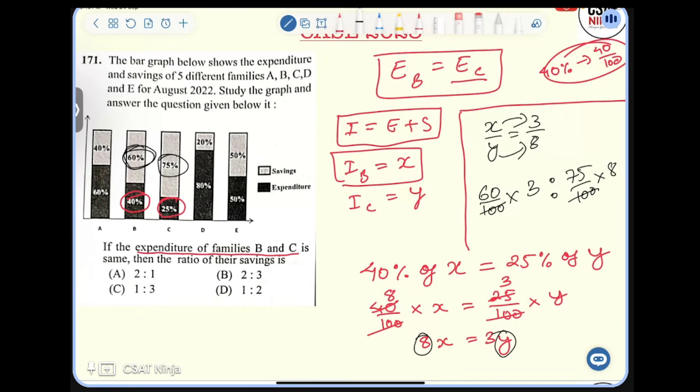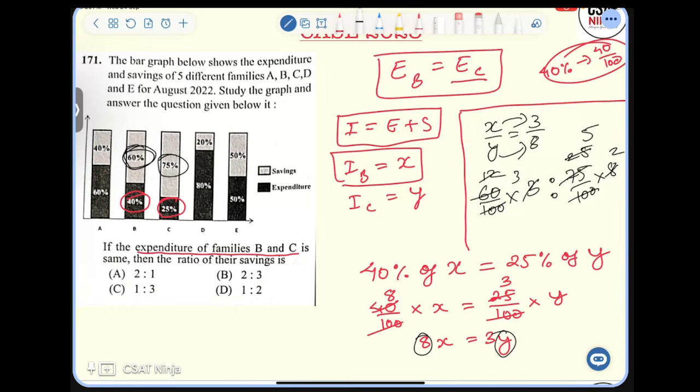So 100 cancel. 3 5s are 15, 5 5s are 25, 5 to the 10, and 4 3s are 12, 4 to the 8.